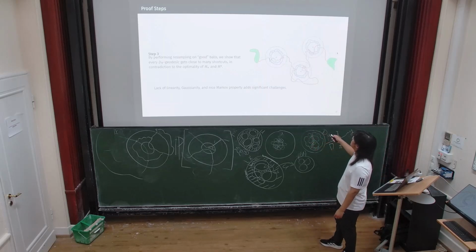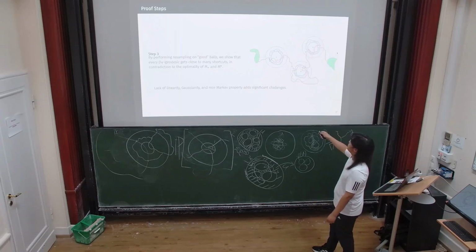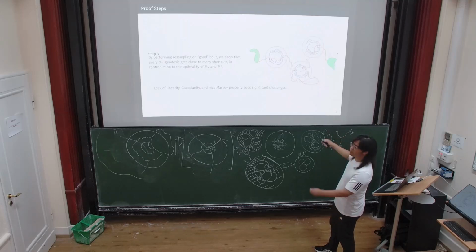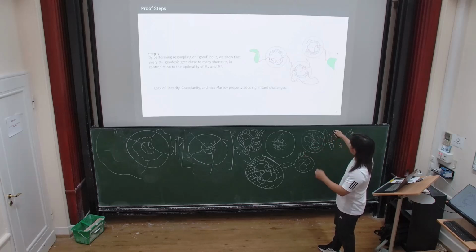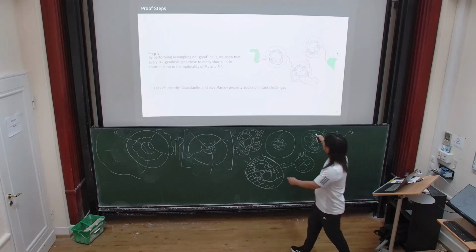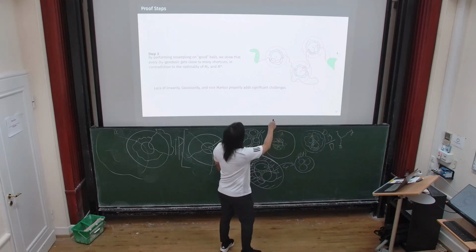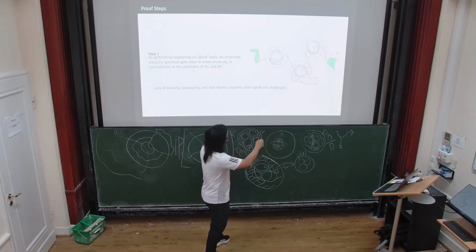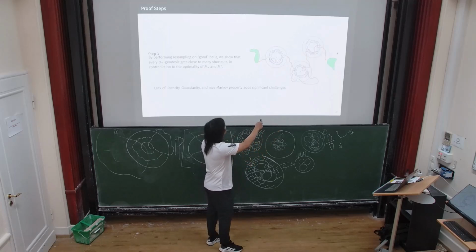The argument is like this. There are some good balls satisfying some events, and these are just two sets. This red path is a geodesic before resampling. They enter these balls, and then we perform some resampling inside this ball. After resampling, we obtain this.